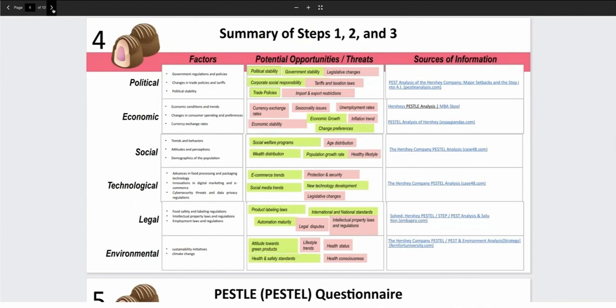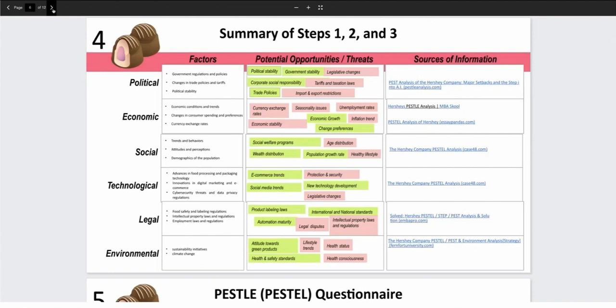So here, this step in your PESTEL analysis is showing you that you will need to first go over the mind maps, and then you will need to complete 3 columns in this slide. One of them, on the left side, is the factors.